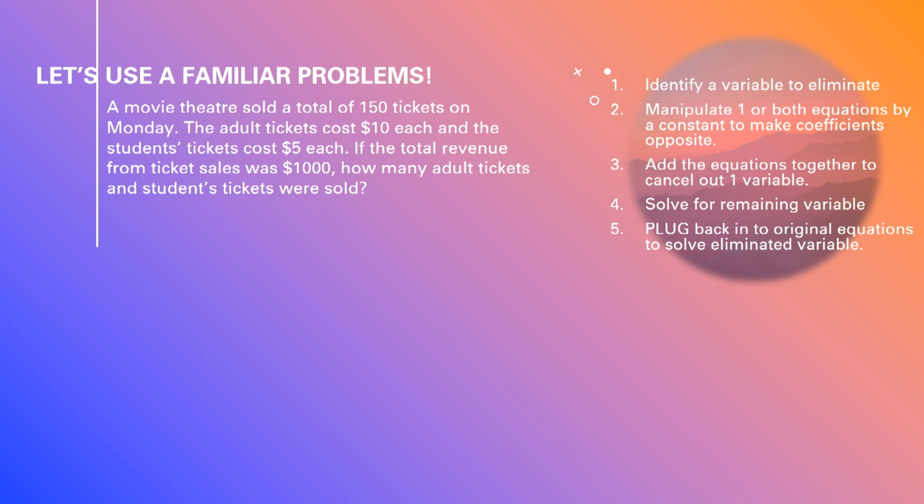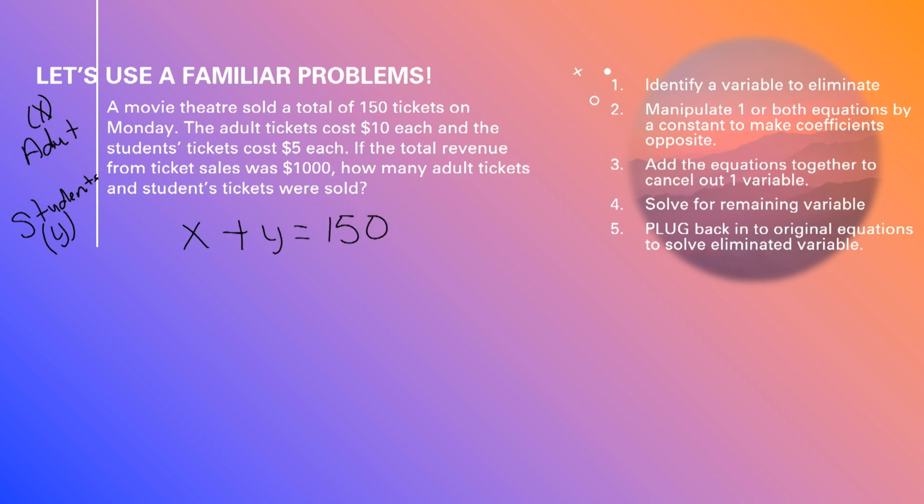So the first thing we need to do is make those equations. So let's look. I have adult tickets and I have student tickets. All right, so I'm going to have my adult tickets be my X and my student tickets be my Y. In our passage, it told us that the adult tickets and the student tickets sold all together was 150.